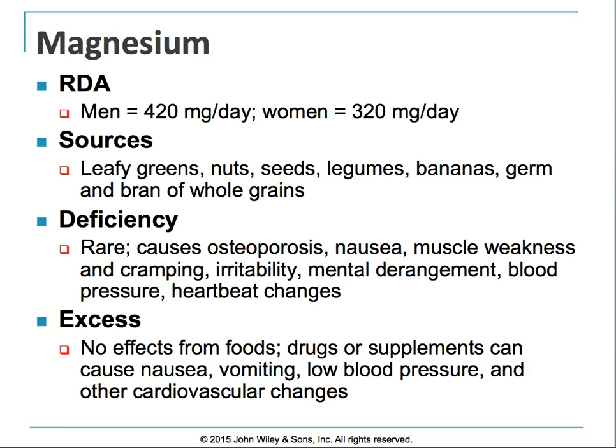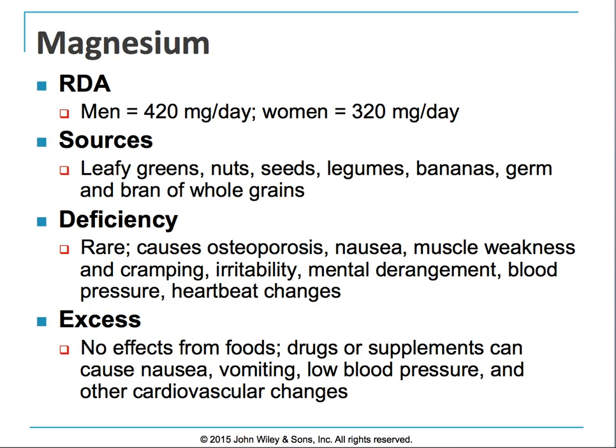The RDA for magnesium in men is 420 milligrams per day, and in women it's 320 milligrams per day. Sources of magnesium include leafy greens, nuts, seeds, legumes, bananas, germ, and bran of whole grains.